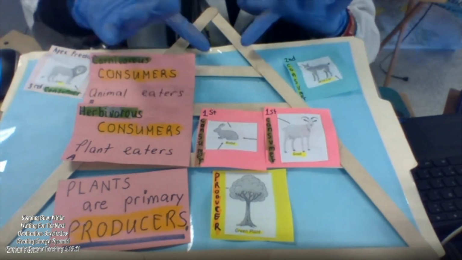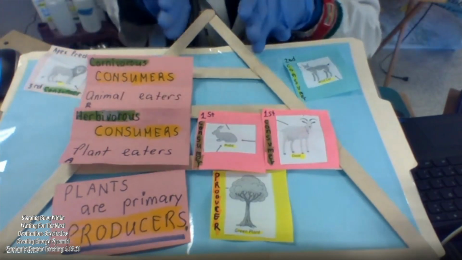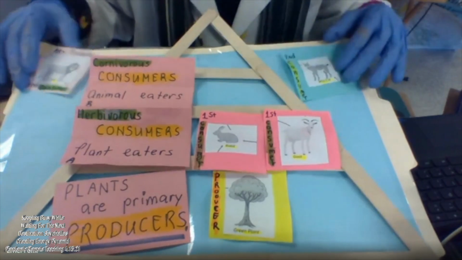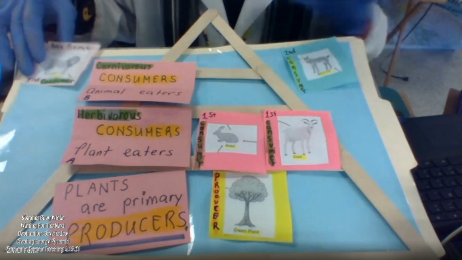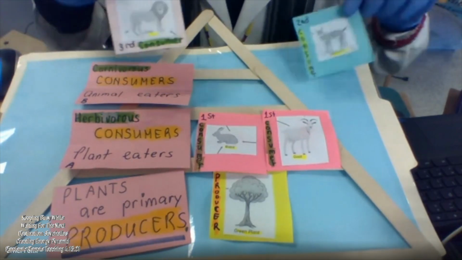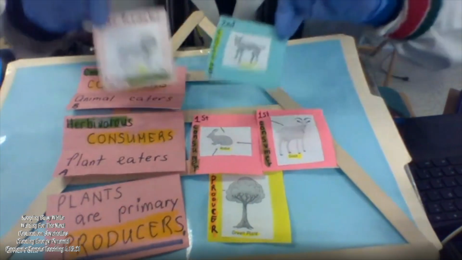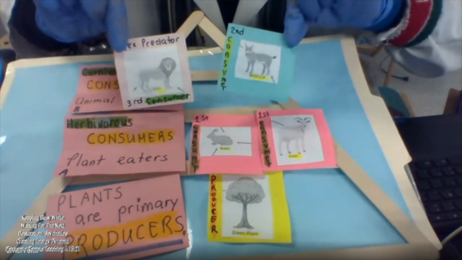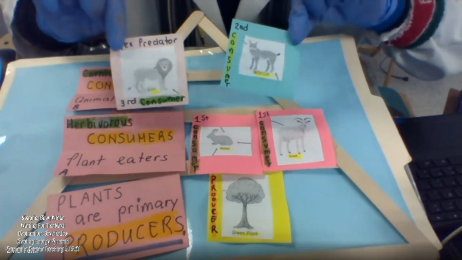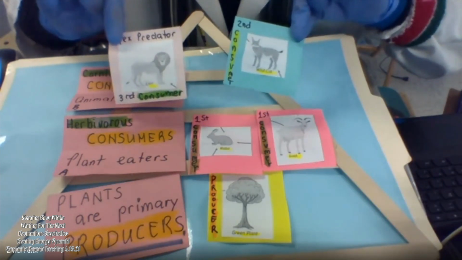Remember, we do have the top of the pyramid. This is for the most fierce animal. This will be for our apex predator. Which do you think among the two can fit here? Type in the room. We have two choices here.